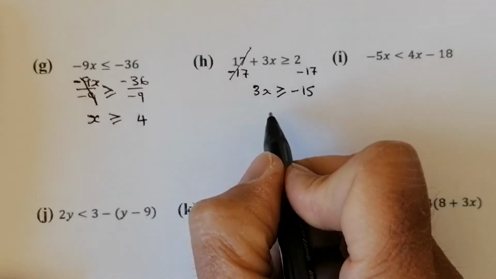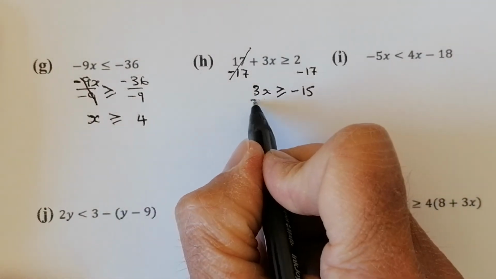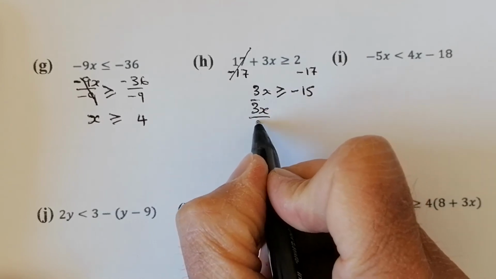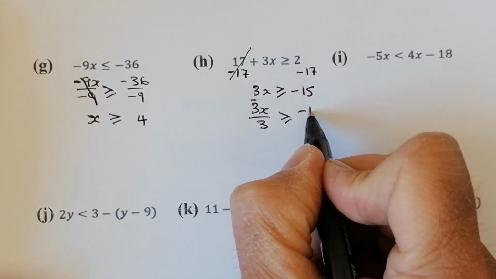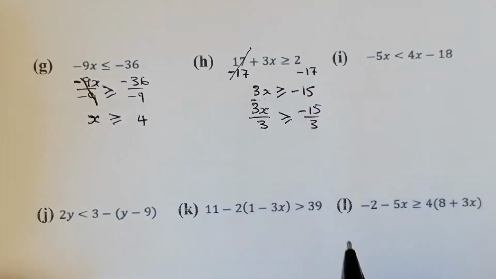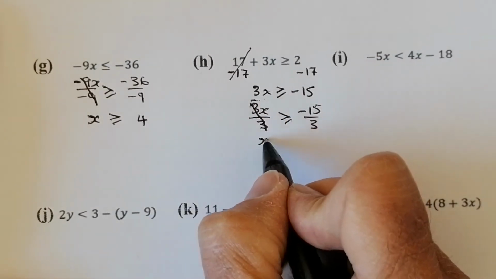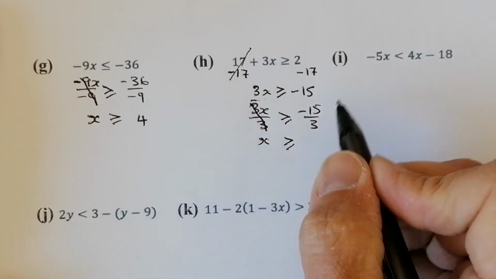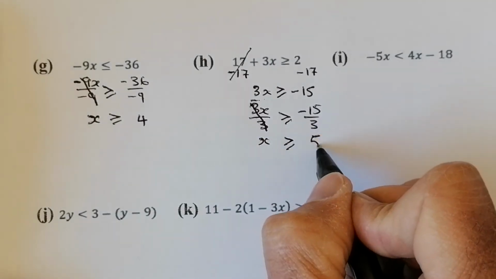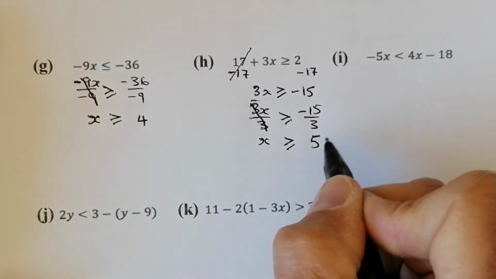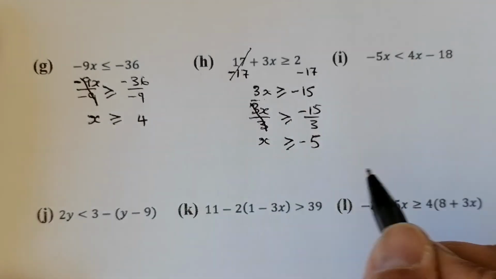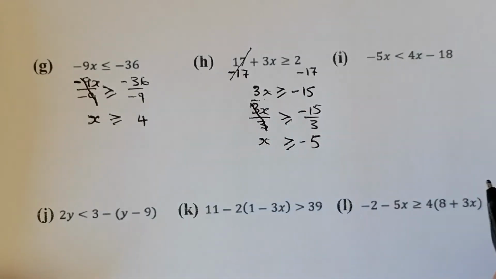Okay, I'll then divide these sides by 3. So I've got 3x, I'm going to divide it by 3, and I've got minus 15, and I'll divide that by 3 also. So I'm going to eliminate the 3s, that'll leave me with x is greater than or equal to 3 into 15 gives me 5. Got one negative sign there, so that'll be a negative that'll appear. So that's x is greater than or equal to negative 5.